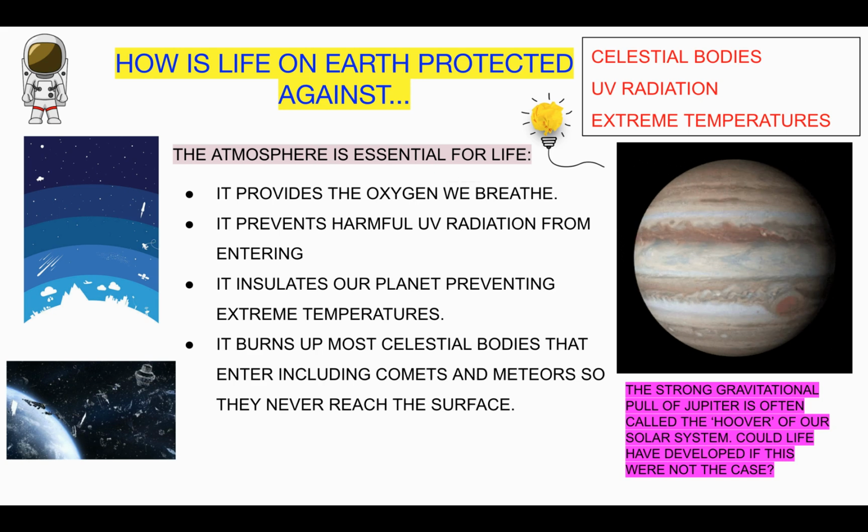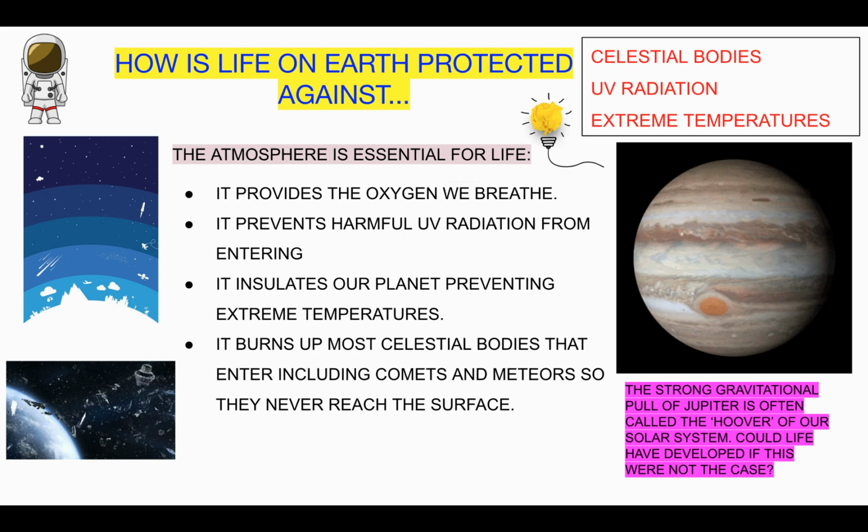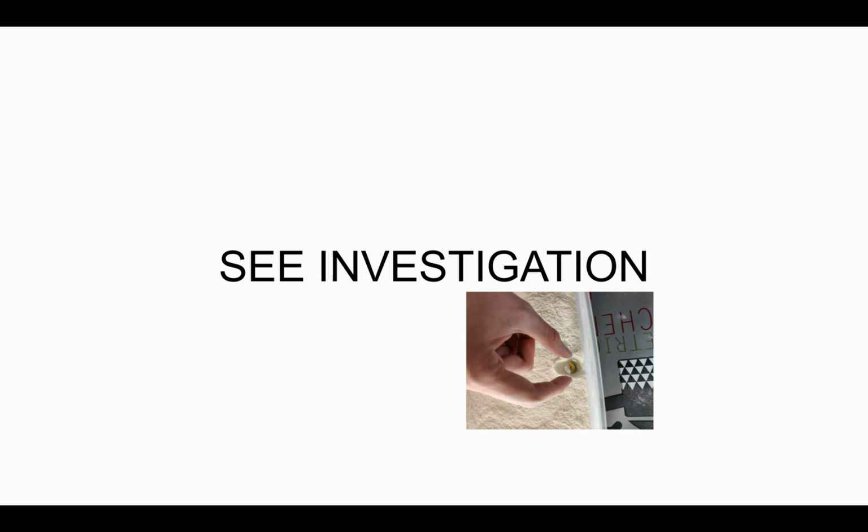So Jupiter is called the Hoover of our solar system, and by pulling in these celestial bodies, due to its high gravitational pull, it's actually protecting life on Earth. Because then we don't have the asteroid, comet or meteor collisions on Earth, which happen on Jupiter on a regular basis.